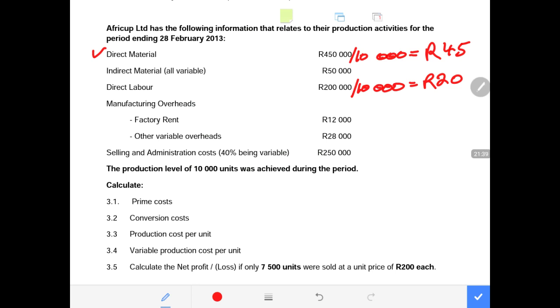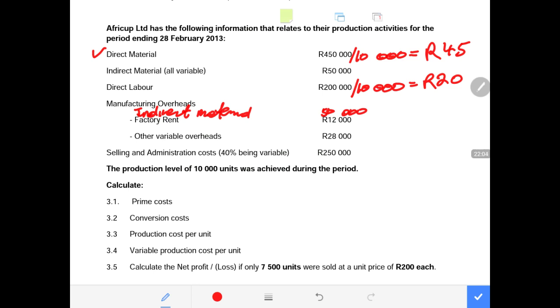Now we come to the manufacturing overheads, which include indirect material. Let me put this material here so that everything is in the right place. There's nothing wrong with the manner in which they did it. They just wanted you to know that indirect material is a manufacturing overhead.